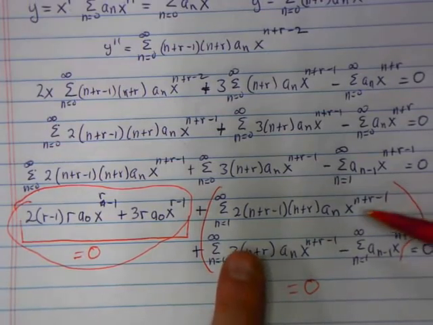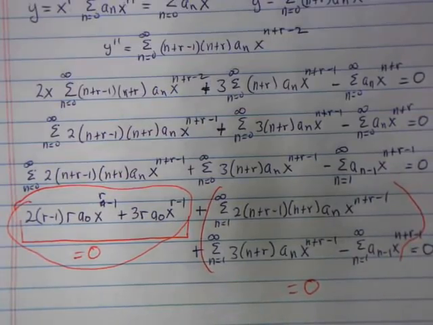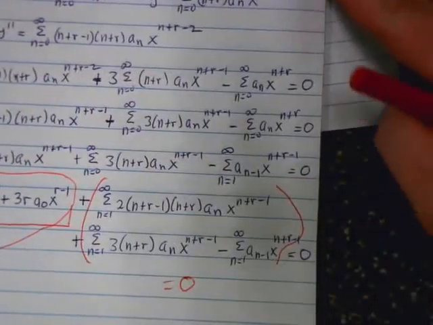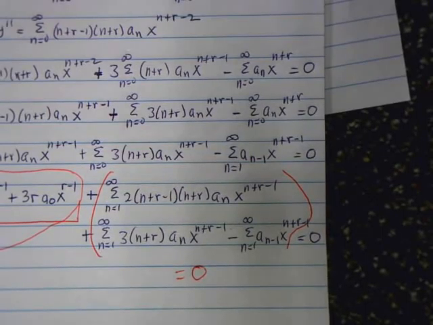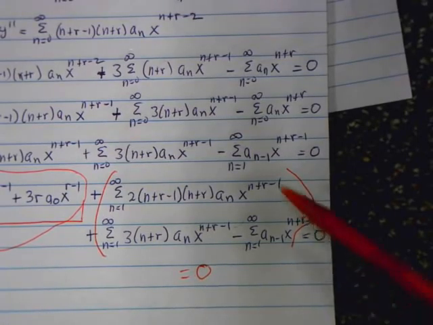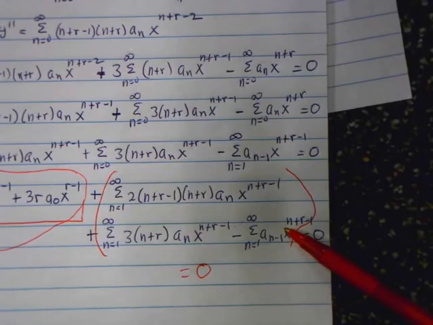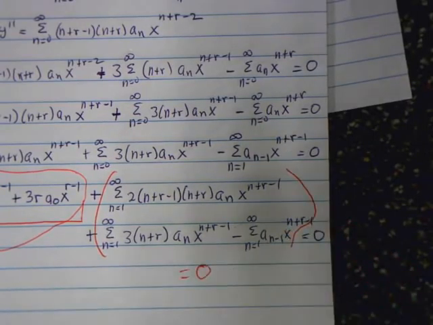Now, all these series, how do those add up and give you the number 0? Everything inside has to add up and give you the number 0. And notice again, everything inside has an x to the n plus r minus 1. I can factor that out and cancel it. So when I write down my coefficients, I'm not going to bother writing the x to the n plus r minus 1. I can divide them out.